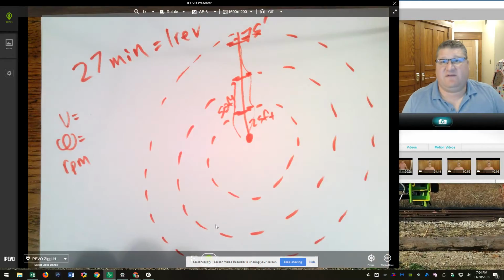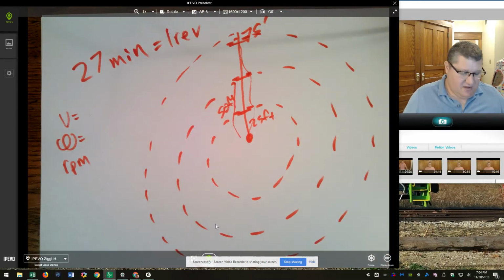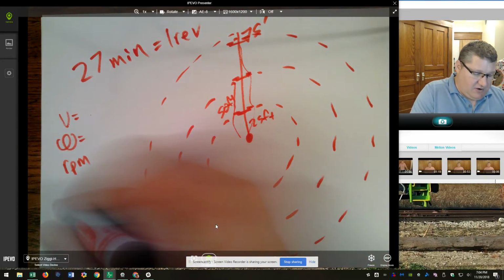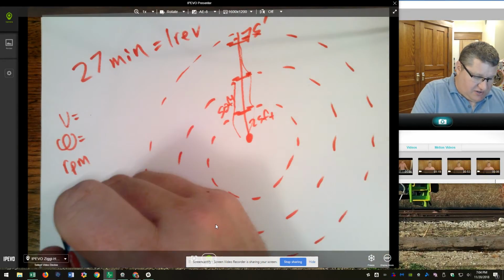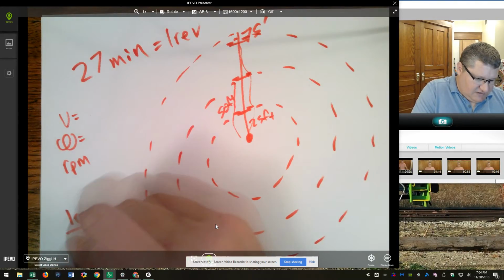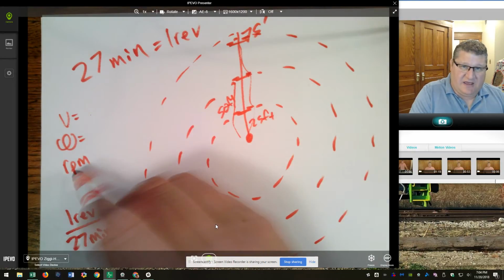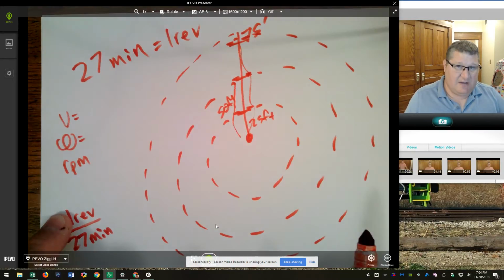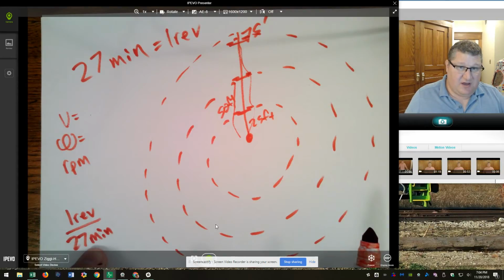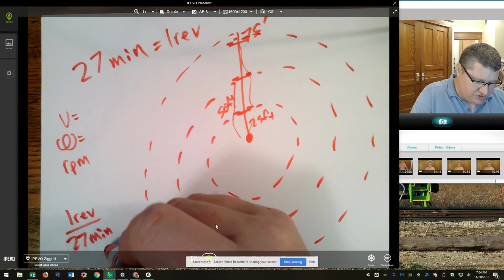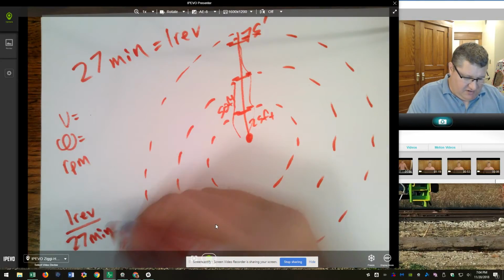So if it takes 27 minutes to go one revolution, then I need to figure out how many revolutions in 1 minute. To figure out one revolution in a minute, all I got to do is set up one revolution in 27 minutes. Because if I need RPM, I need the revolutions on top and the minutes on the bottom. So I have one revolution in 27 minutes.